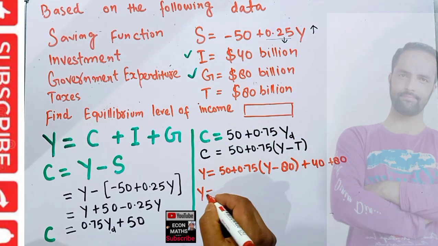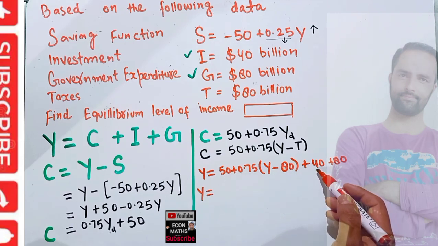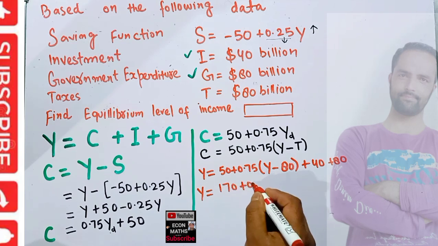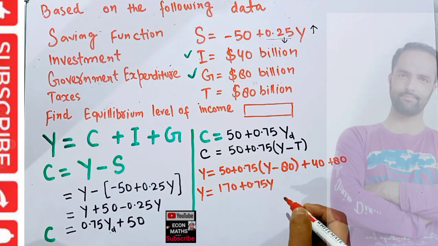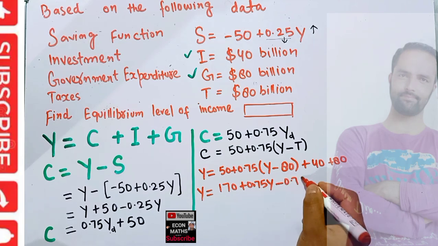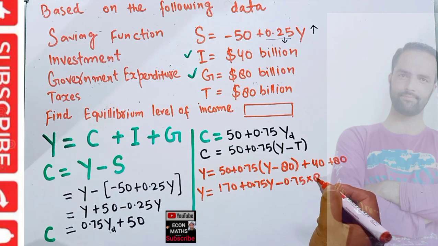That means our y will be equal to 170 plus 0.75 y minus 0.75 into 80, okay?